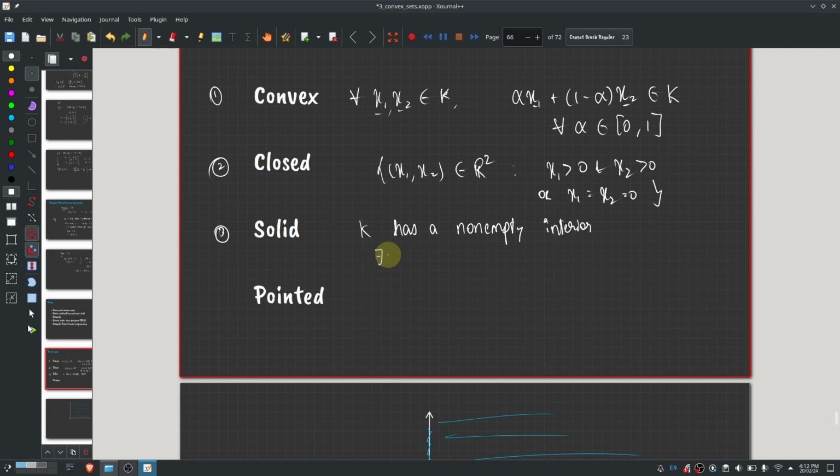So there exists some epsilon greater than 0 and some x lying in the cone such that you can draw a ball around x and still lie completely inside the cone.